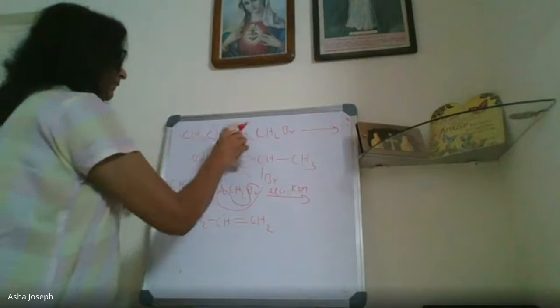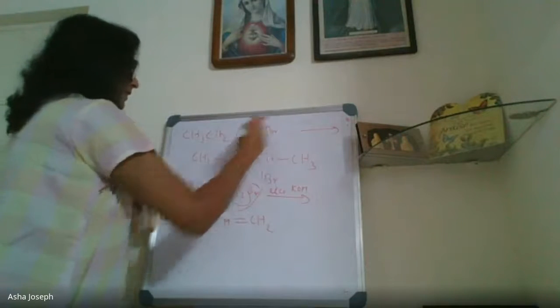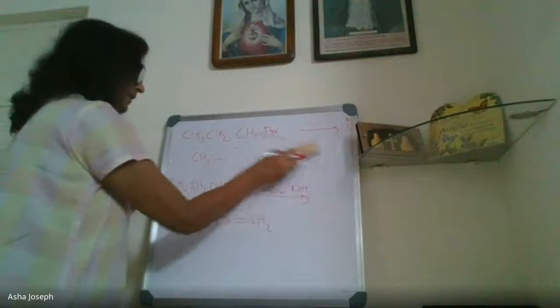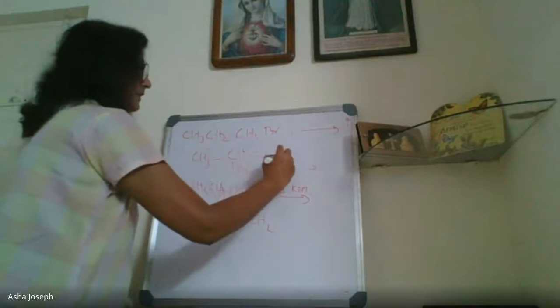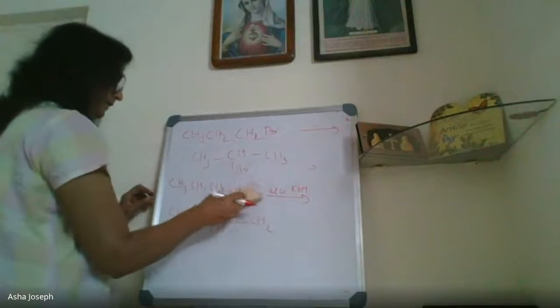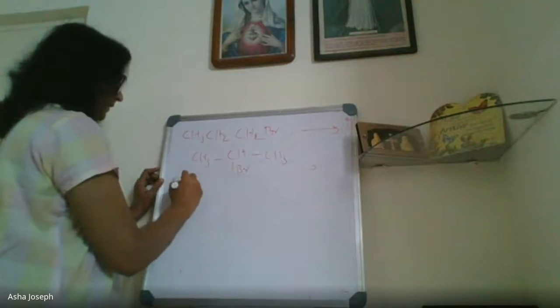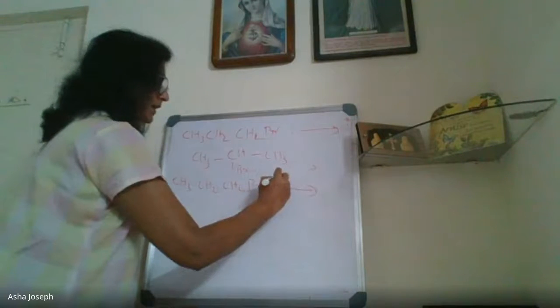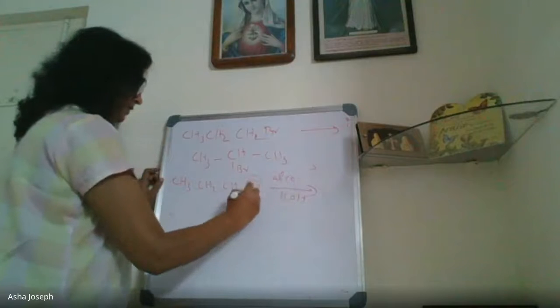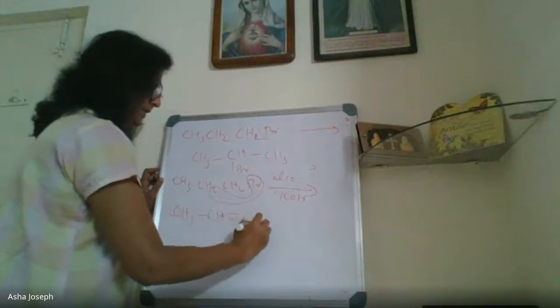Propane. Okay, so this is the starting CH3 CH2 CH2 Br. With alcoholic KOH, remove HBr, you will get propene, CH3 CH double bond CH2.